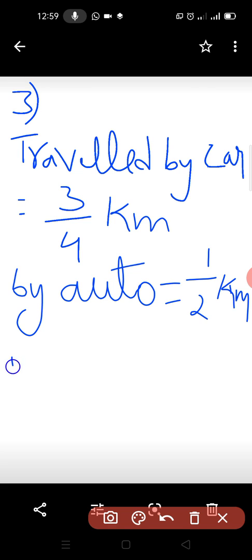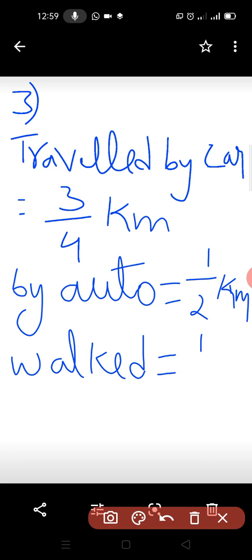So, walked 1 by 7 kilometers. This is the given information, children. So, how far she went in all means you have to add these three fractions. Let us see how to add these three fractions.